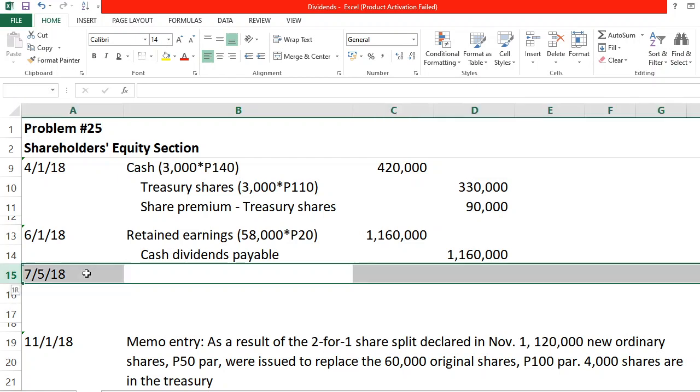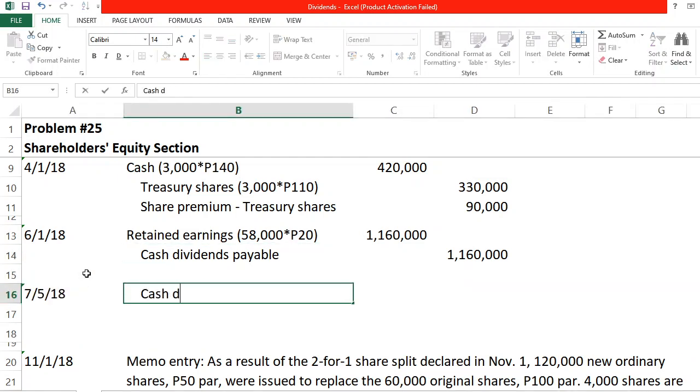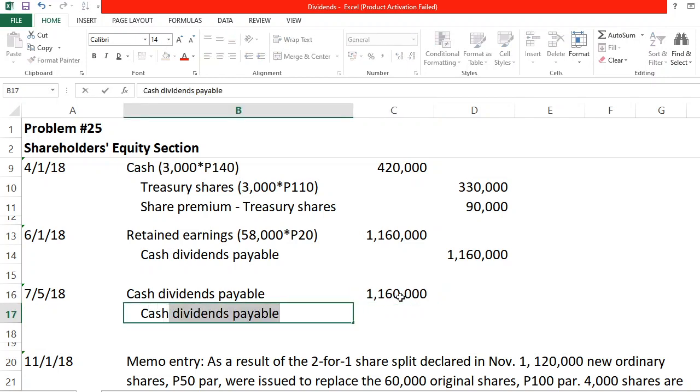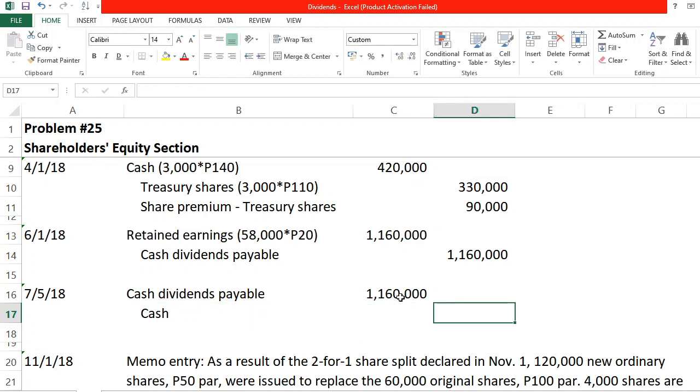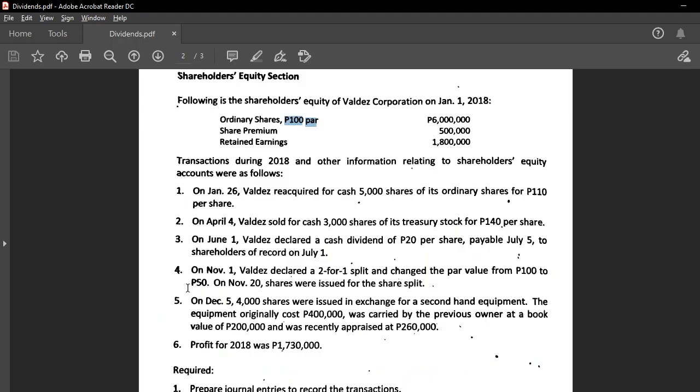And we are going to eliminate the cash dividends payable. Cash dividends payable at the absolute amount, whatever was recorded. There is no fair market value for cash, right? Cash is at face amount. And that is again 1,160. So it is paid. Now let's proceed to the next.